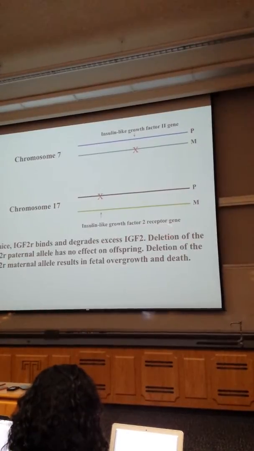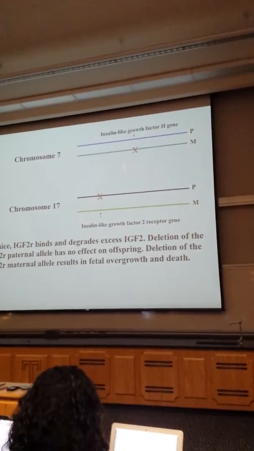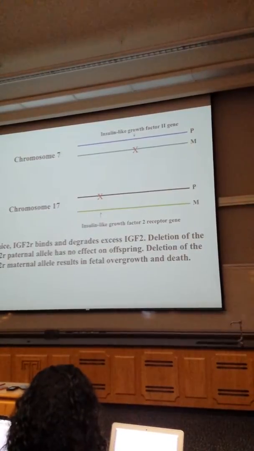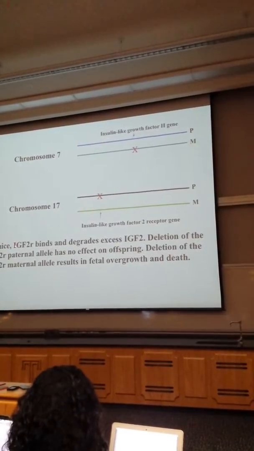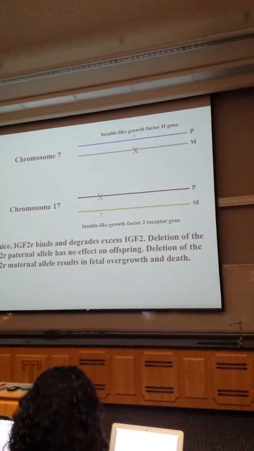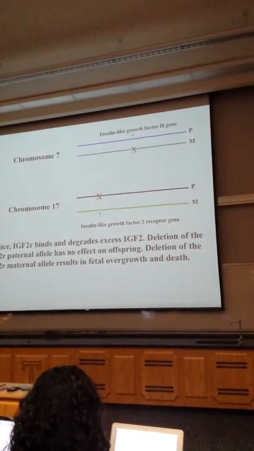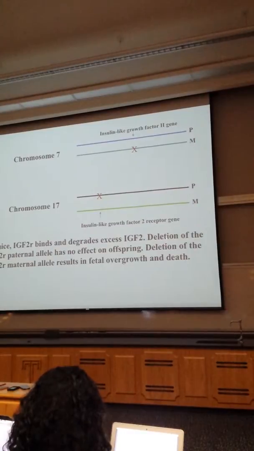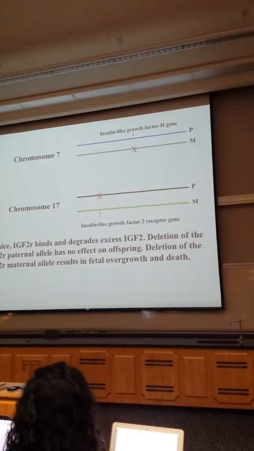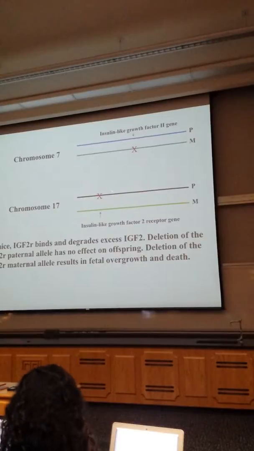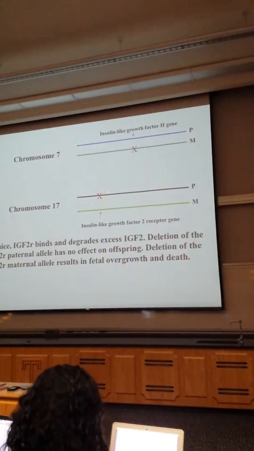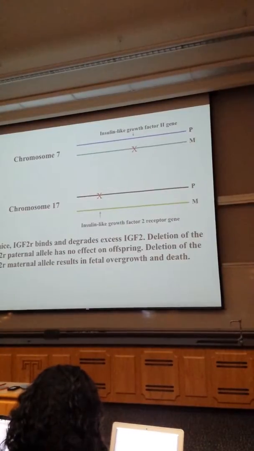So what happens if you play around with these genes? The insulin-like growth factor receptor binds and degrades excess insulin-like growth factor 2 that's out in the bloodstream of the developing animal. So if you delete or mutate the paternally derived allele, because it's not expressed, it's not going to have an effect.